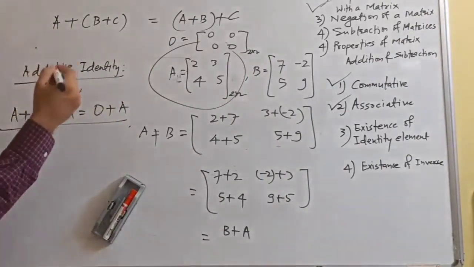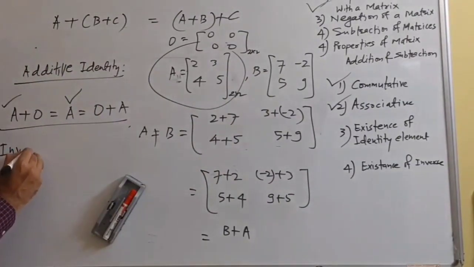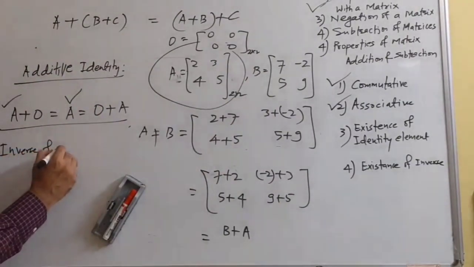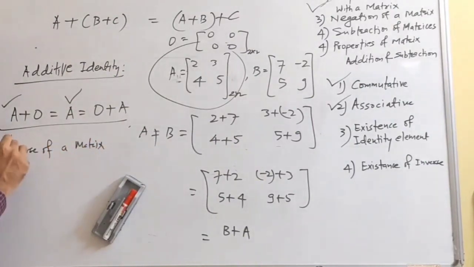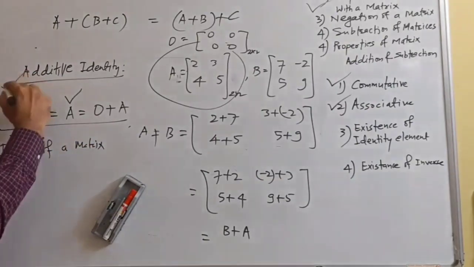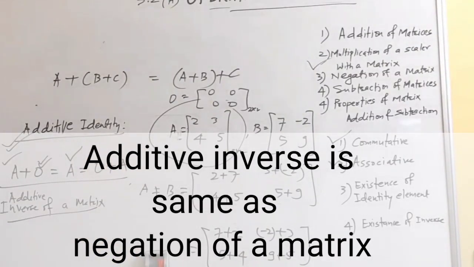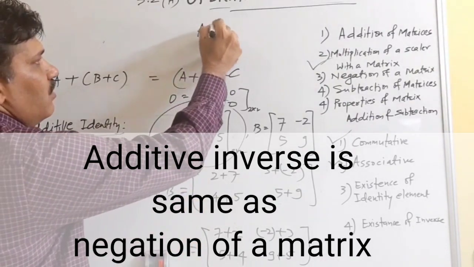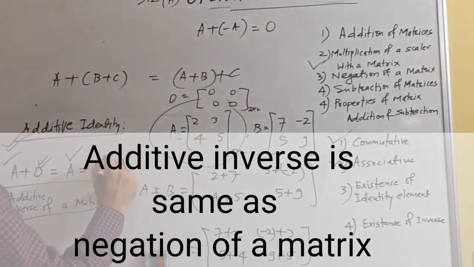Now, since the identity exists, we find the inverse of a matrix, that is additive inverse. We have got additive identity, that is nothing but a zero matrix of same order. We know that if we add A to minus A, we are going to get the identity element.